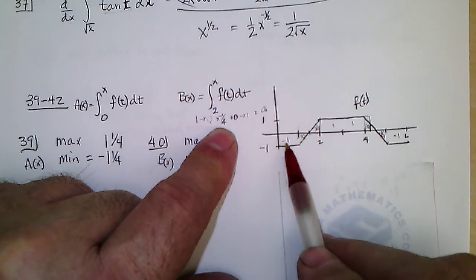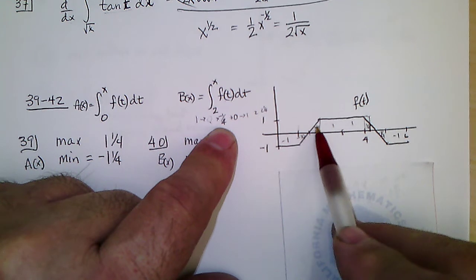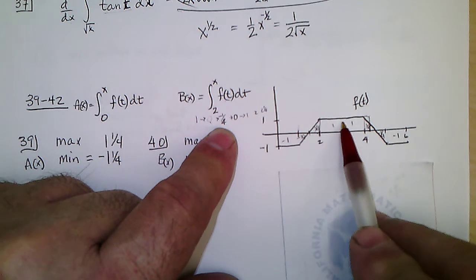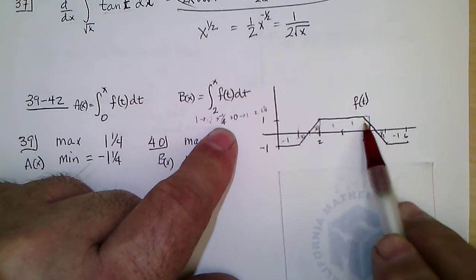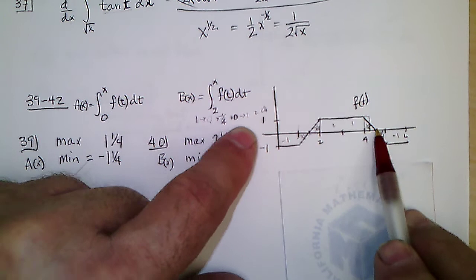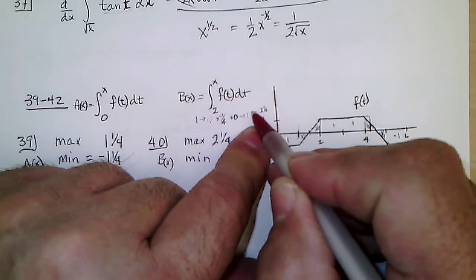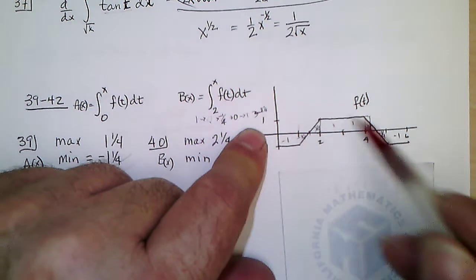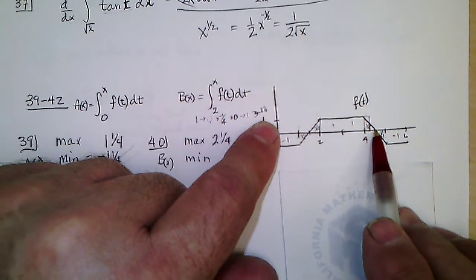Oh, wait a minute. This is 1. Those cancel. This gets us 2, 3 1/4. I forgot the 1 here. 3 1/4. 2, 3. We're at 1, 2, 3 1/4, and then we go down.